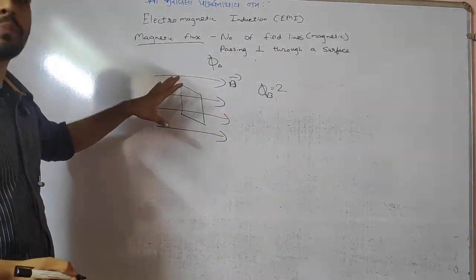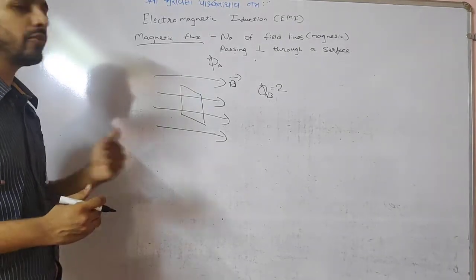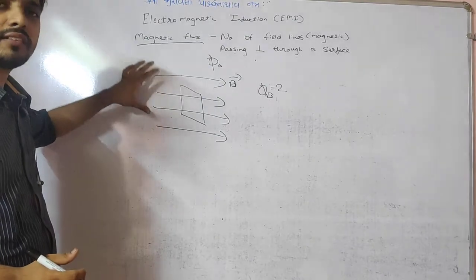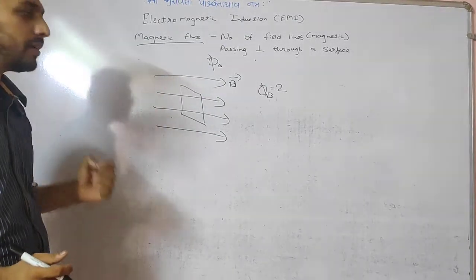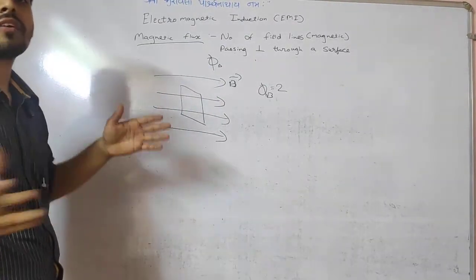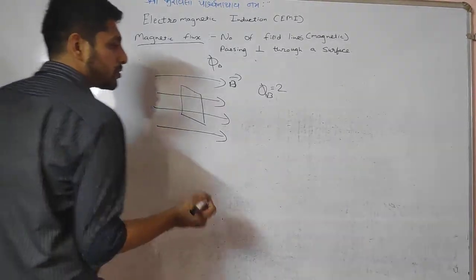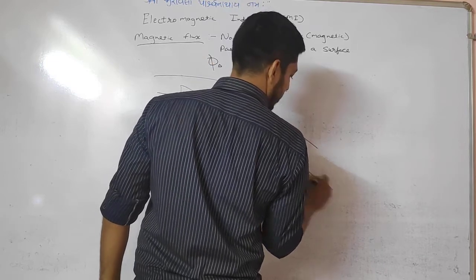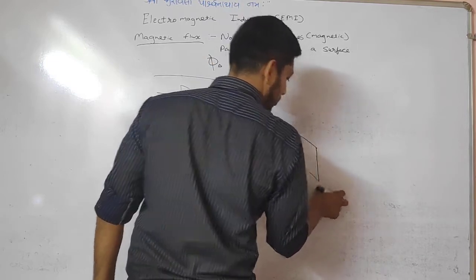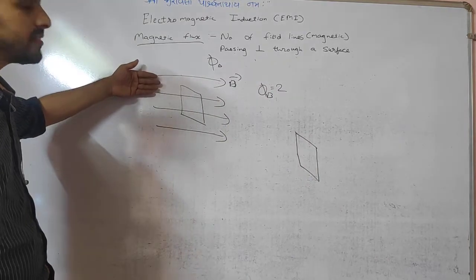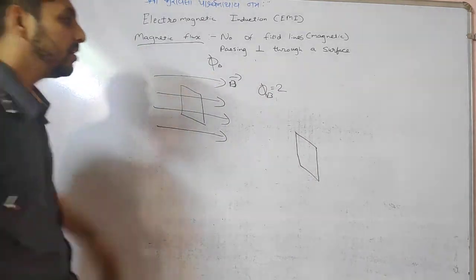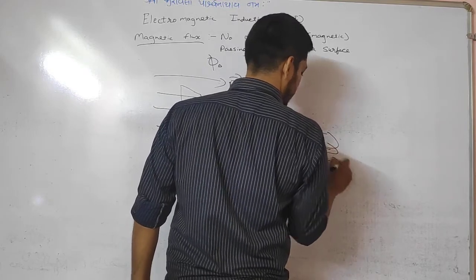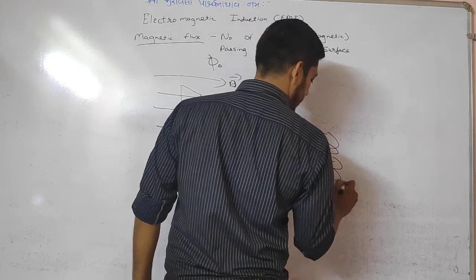Now on what does this depend? For this we will take a few conditions. If I increase the intensity of this magnetic field, what will happen? The field lines will get closer. Suppose here I again have the same area, the surface with the same area, but I am increasing the intensity of this magnetic field. So the number of field lines will increase. We all know that the number of field lines increases as we increase the magnetic intensity.